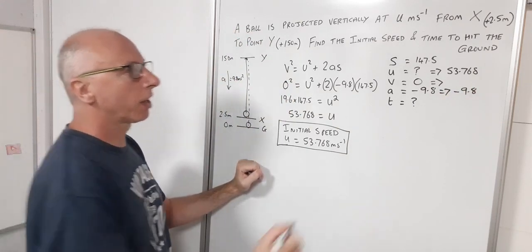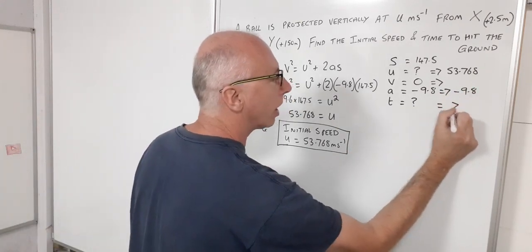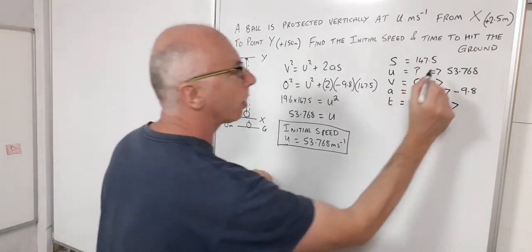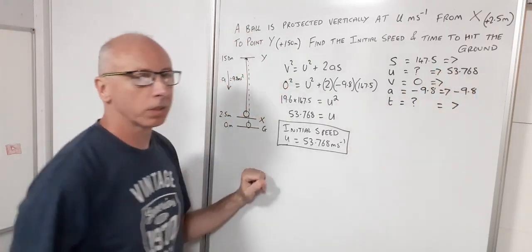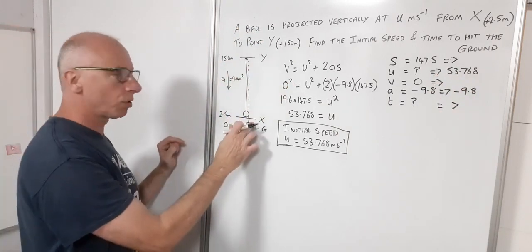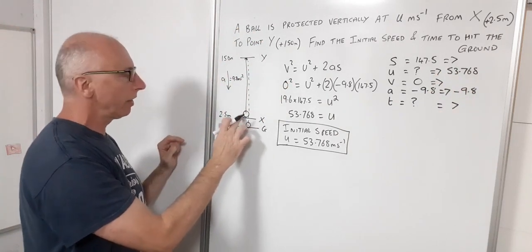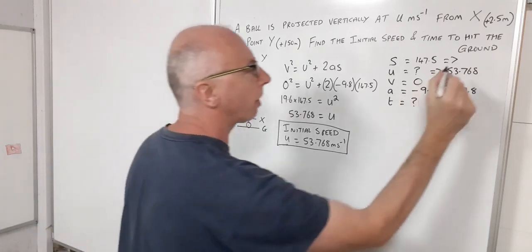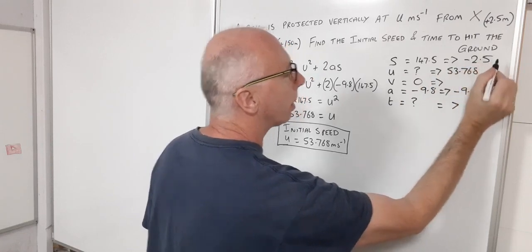We need to find the time, and what we need to do now is have a look at the displacement. How far will the ball have travelled when it hits the ground? Well, we know it's gone up and then back down, but it's only travelled 2.5 meters, and the 2.5 meters is down, so it's going to be minus 2.5.